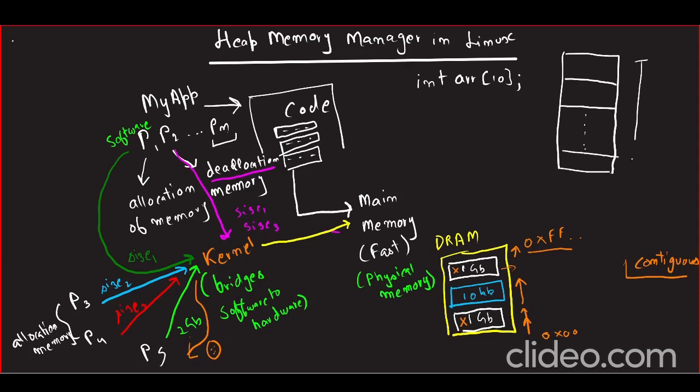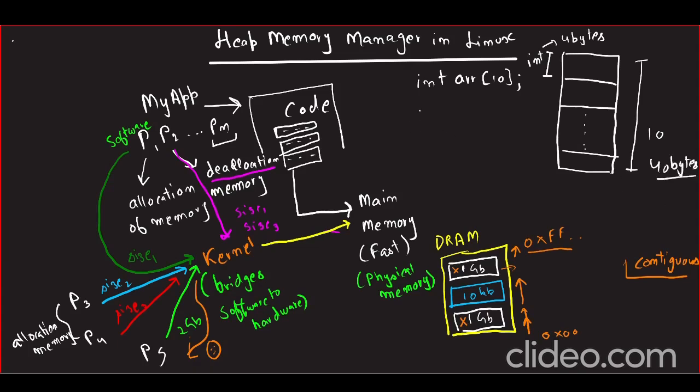So the whole length is 10, and each memory block is of size int. An integer takes 4 bytes, right? So this one block accounts for 4 bytes, and these 10 blocks account for 40 bytes of memory.